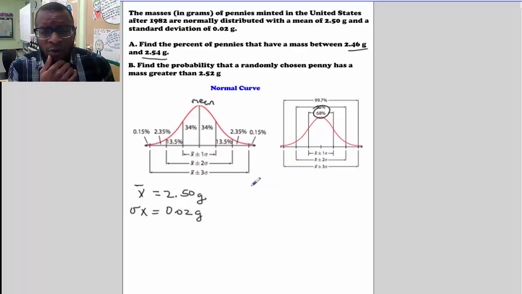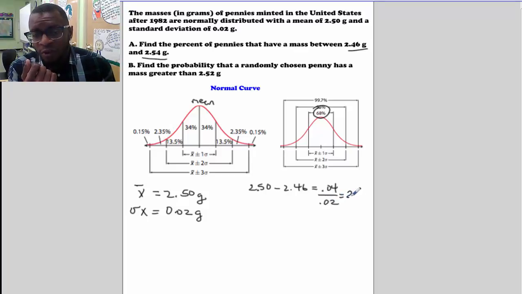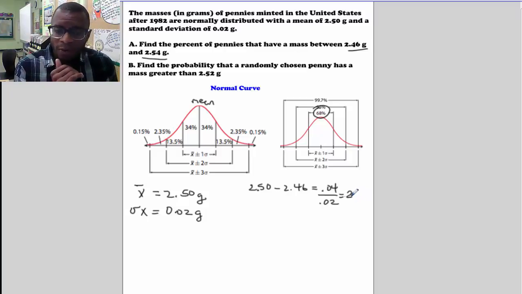Okay, so we're going to first take our mean and subtract the lower value, which is 2.46, and we get 0.04. That's the distance between the mean and the actual value, 2.46. If we divide that by our standard deviation, we get 2. So we know that's 2 standard deviations below our mean.